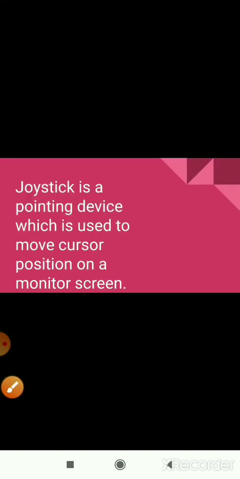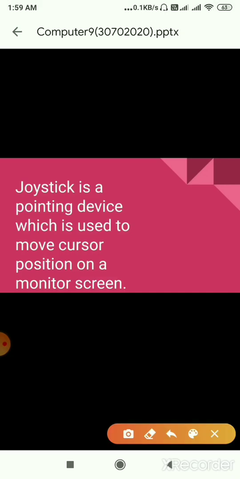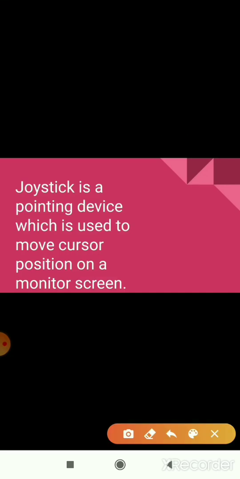Now the next one is joystick. A joystick is a pointing device which is used to move the cursor position on a monitor screen. Children, a joystick is the device which we use in playing games.